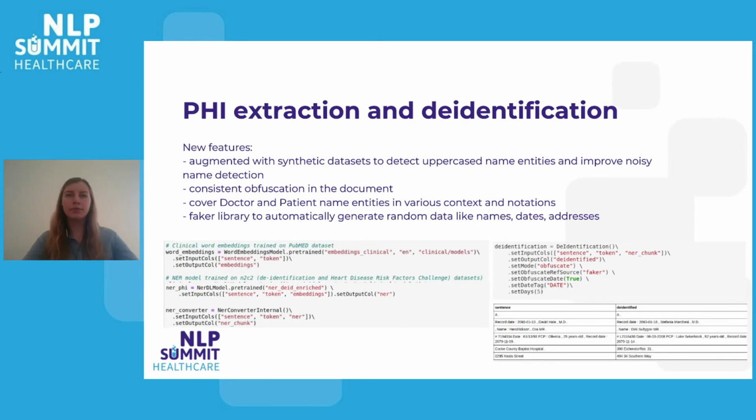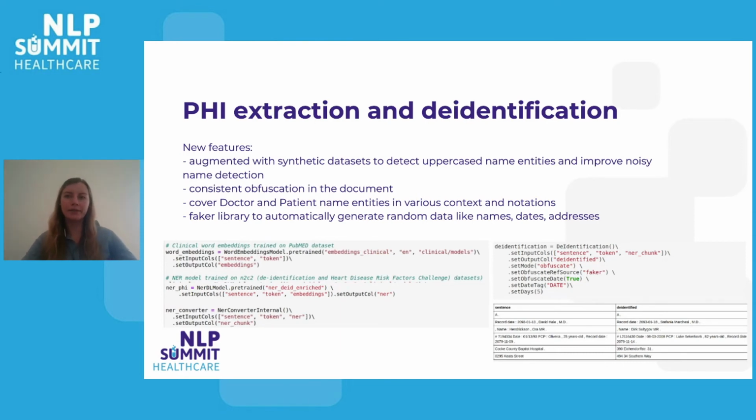Some features we introduced recently to the Spark NLP library include Faker, a library to automatically generate random data like names, dates, and addresses. With this project, we also made sure that we improved the de-identification. Now we have an extended list of names that we're using.